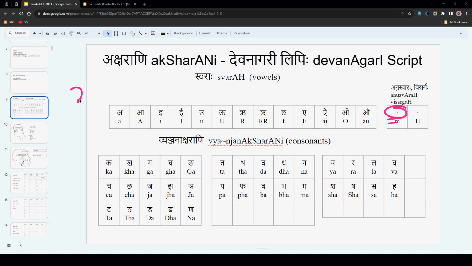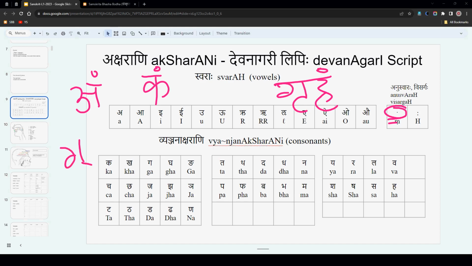For example, let's say ka, or even you can say gruham. So when we write it like this, what does it mean? There is a g, there is a ru.